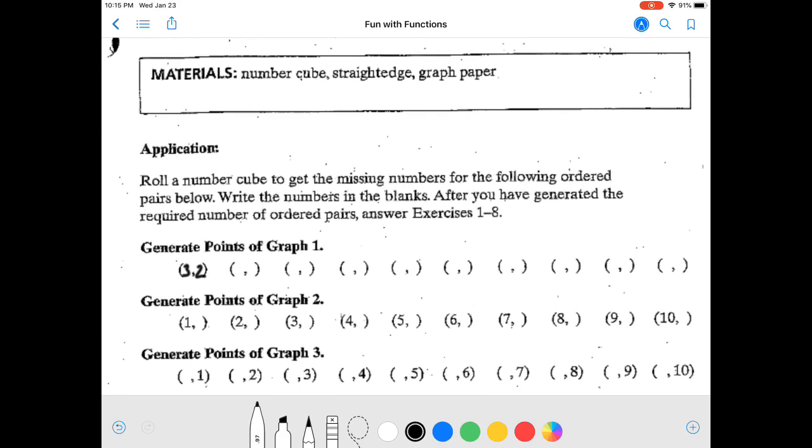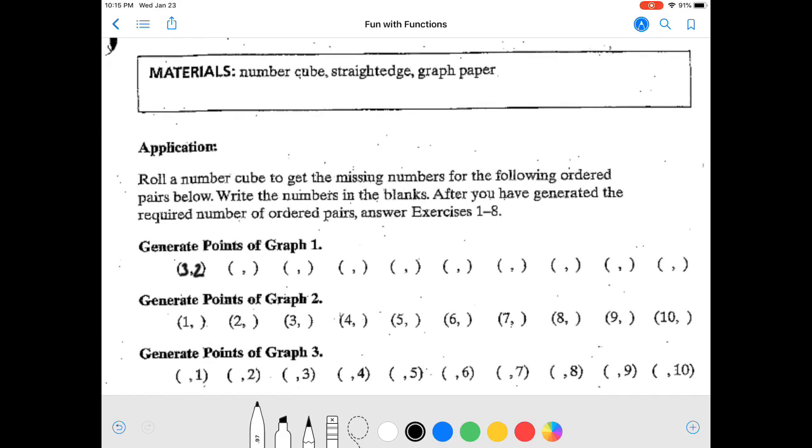For the first pair, I got 3, 2. The second pair was 6, 3. The third pair was 1, 2.